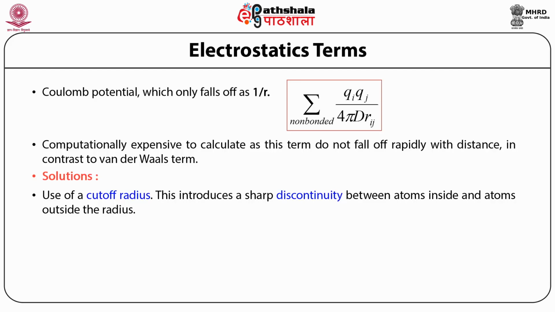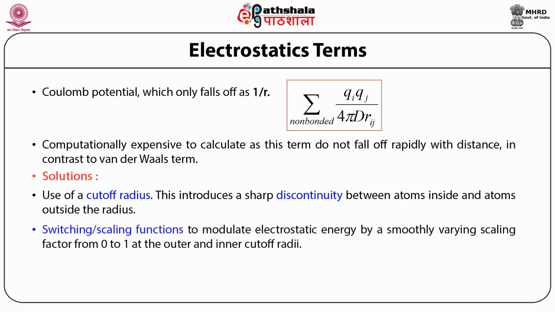Hence, many systems have been used to remove this anomaly, and one of them is switching or scaling functions, which smooth out the boundary of the cutoff radius. Another, which is more rigorously used, is the particle mesh Ewald method, which is a very profound method for calculating the interaction of two atoms which are far apart because of their distance. We will not discuss the particle mesh methods much here.